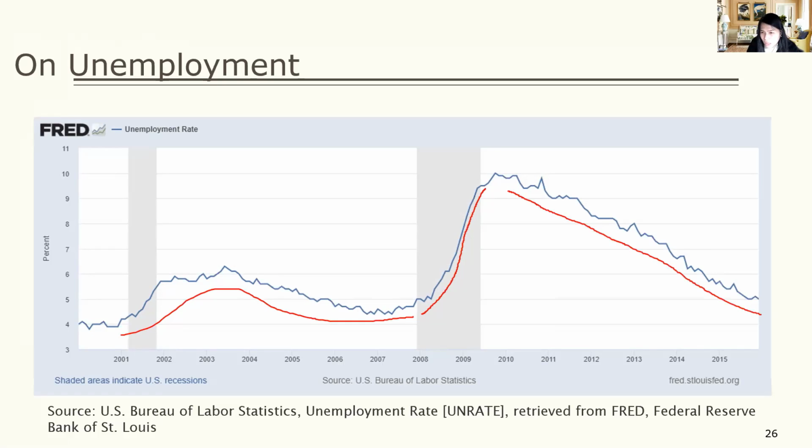Even up until 2015, 2016, it still did not get back to the original level. So the lesson here is a crisis could be a very devastating event for an economy, and it takes a long time for an economy to recover.